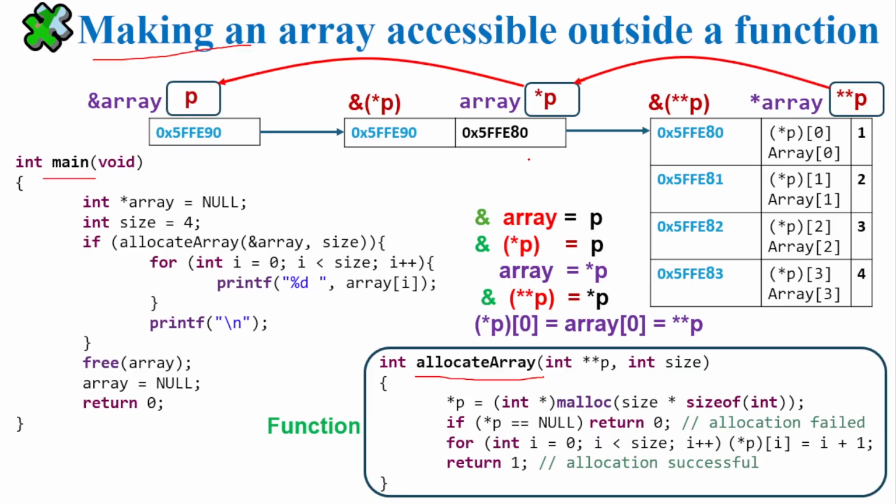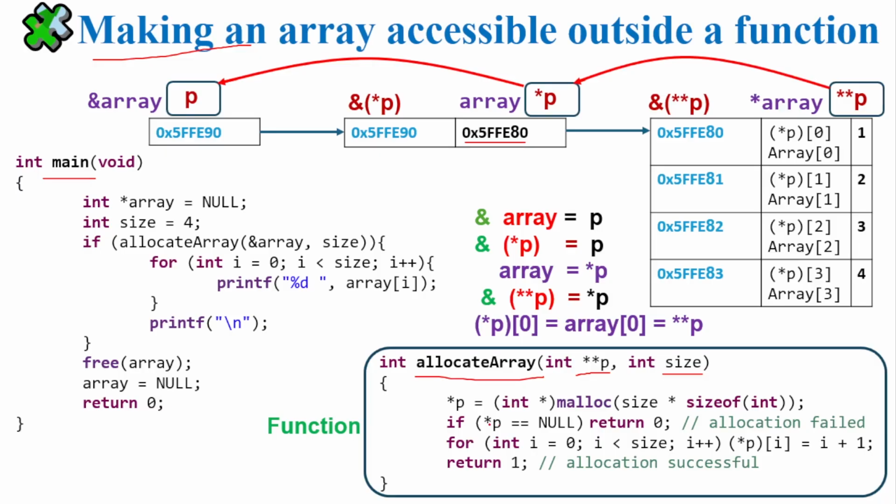The allocate array function takes two arguments, a double pointer p of type int and an integer size representing the number of elements in the array. Inside the function, malloc allocates memory for four 32-bit integers, and the starting address of this allocated memory, for example, 5FFE18, is stored in *p.